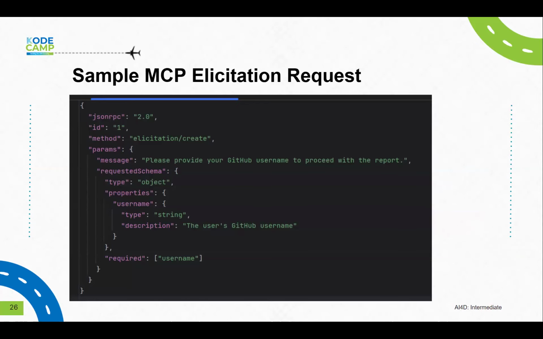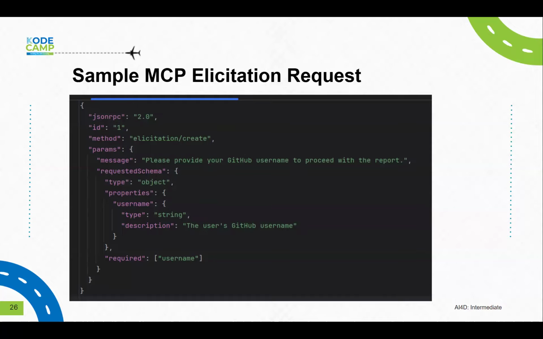So here's a sample elicitation request. I must mention here that MCP uses JSON RPC requests and sends them over HTTP. Okay, so the elicitation request contains the method and then parameters, which include the message.